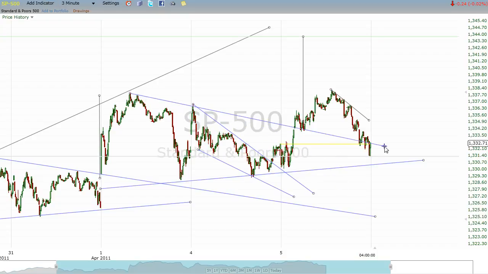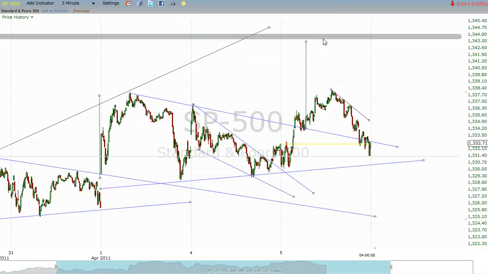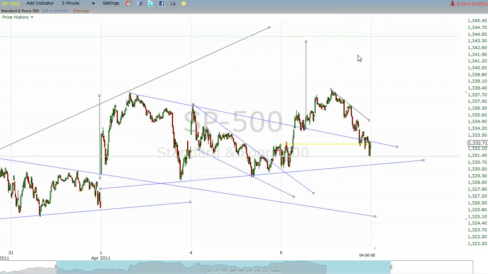Yesterday I was drawing this line here, and lo and behold, when we got over it, there was a back test, and then it looked like we were going to make a run for the minimum move to get us testing 1344 again. But it came back into this pattern.